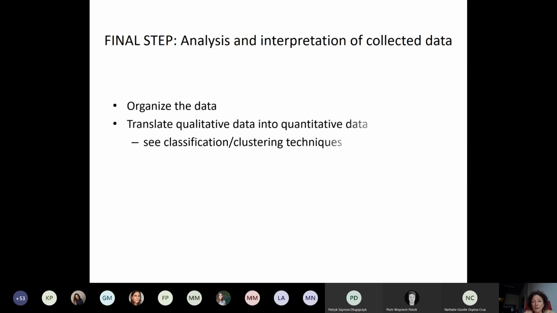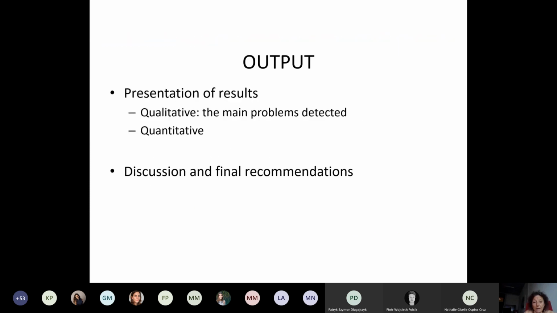Okay, analysis and interpretation of the data. The task is: organize the data, translate qualitative data into quantitative data using some clustering technique, decide how to analyze the data, and discuss the results. I mean, that is a general problem of reporting data. Use Excel and make some visual representation.